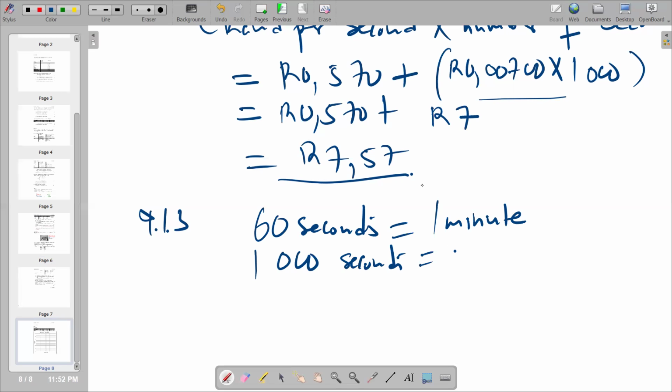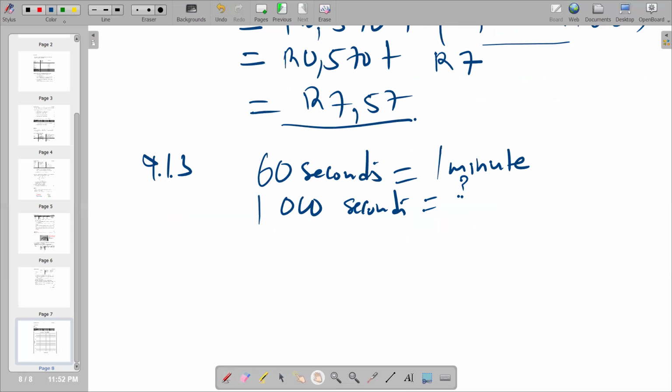When we calculate it, we can just use a simple proportion there, whereby we say what we don't have is the numerator, what we have is 60, the denominator, multiplied by the given figure, which is 1 minute. So we multiply by 1/1.